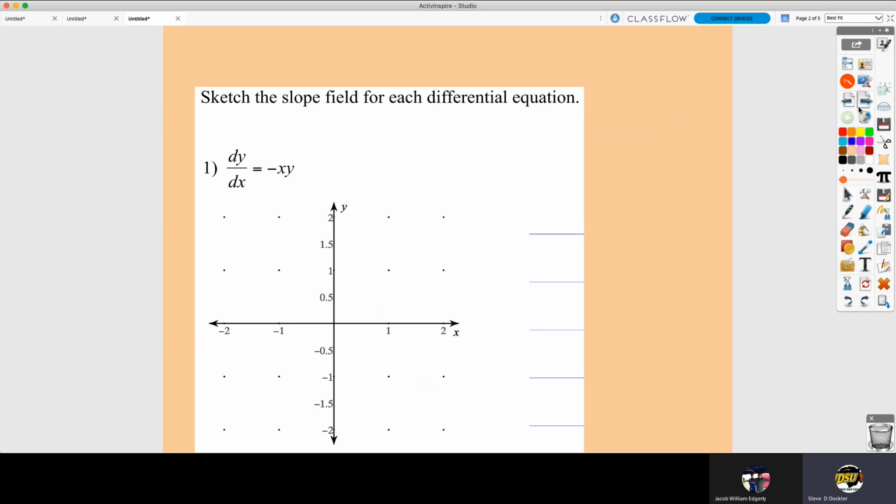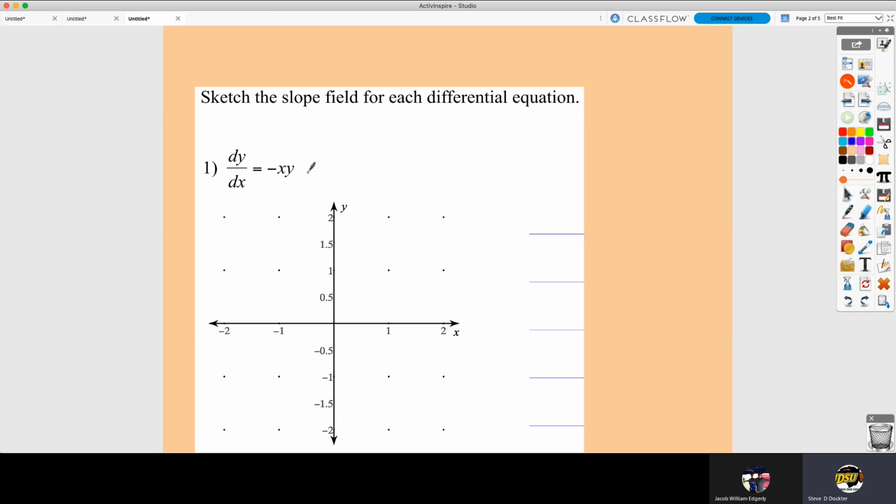Now, this one is obviously not a constant, so we're going to have to do a little bit more work. Even finding the integral of this is going to be a whole lot harder because we have not done any integrals where we have two variables, have we? We're not going to do that today. We're just going to find the slope field for it.